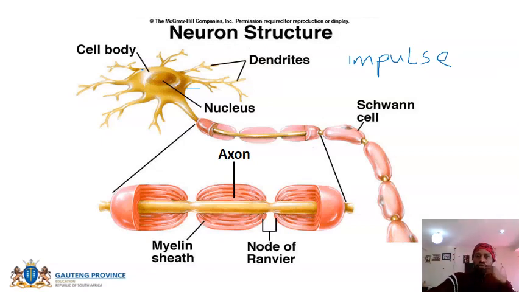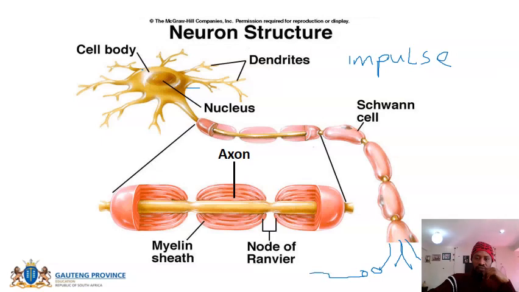At the end of the axon we have what we call terminal dendrites. That is the part where one neuron makes contact with another neuron, but not a physical contact, because in between the neurons there is a space, a gap.